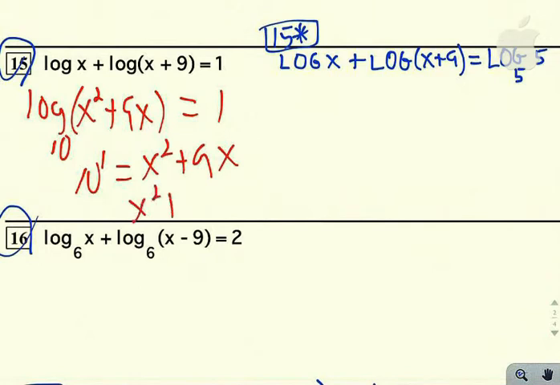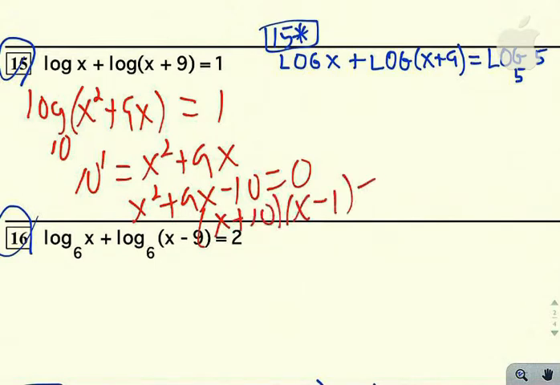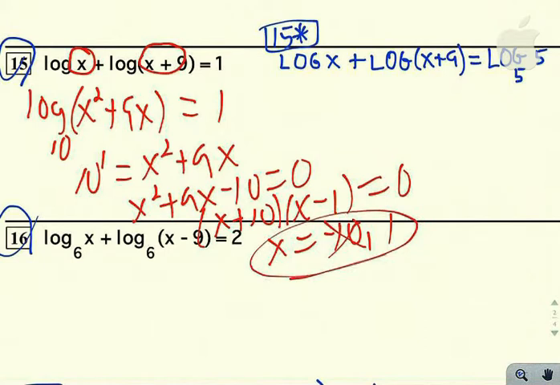So x squared plus 9x minus 10 is 0. X plus 10 times x minus 1 is 0, making x minus 10 or 1. But if we plug in minus 10 here, or even there, we'd be taking the log of a negative number. We can only take the log of a positive number.